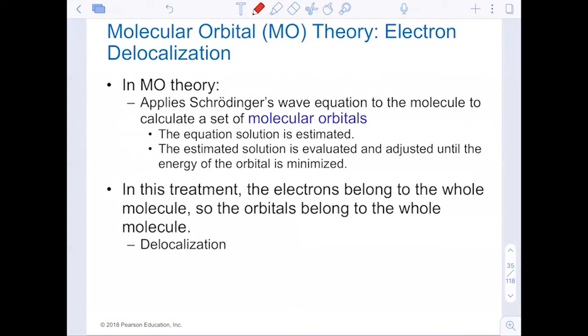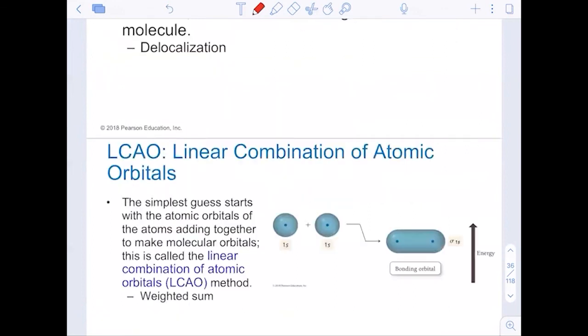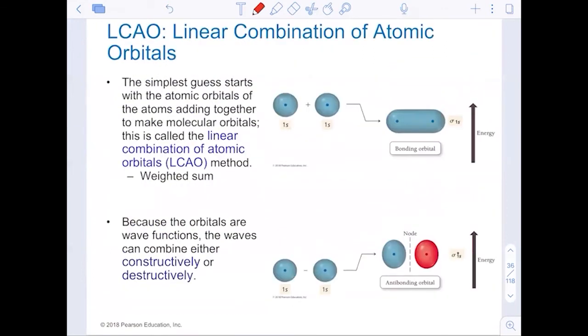So in this treatment, the electrons belong to the whole molecule, so the orbitals belong to the whole molecule. And so there's really this idea that electrons are not localized, they're not staying put in an actual chemical bond, but rather they're moving around the entire molecule itself. From molecular orbital theory, what we have is the linear combination of atomic orbitals.